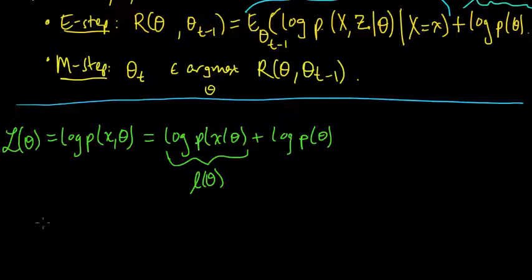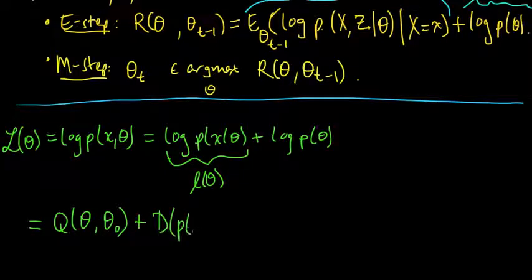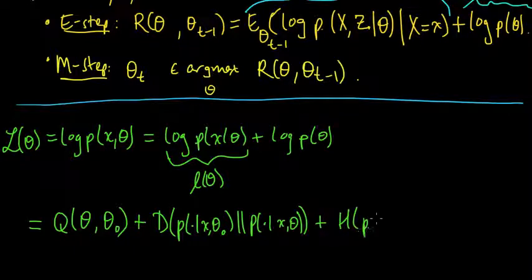And the results that we found, if you refer to the video on the guarantee that we proved for the maximum likelihood case, we decompose this little l as q of theta with theta 0, for any theta 0, plus the relative entropy of the conditional distribution on z given x, theta 0 with the conditional distribution with theta, plus the entropy of the conditional distribution on Z for theta 0.